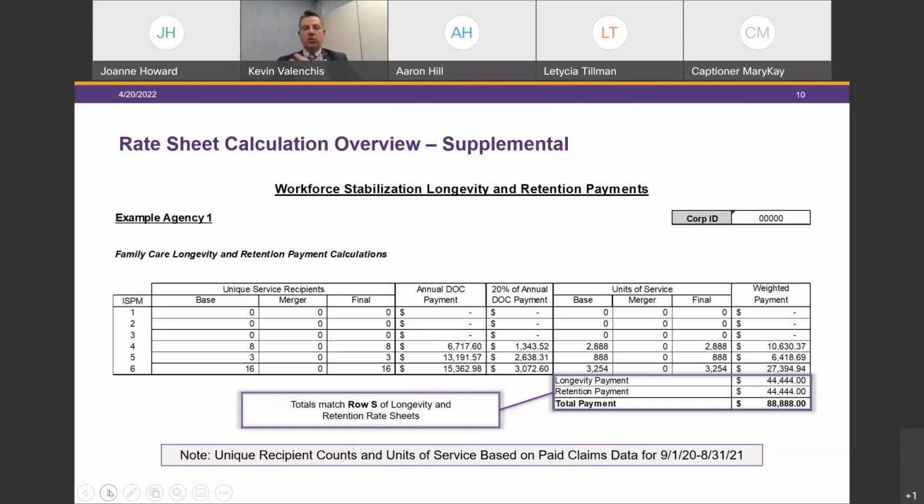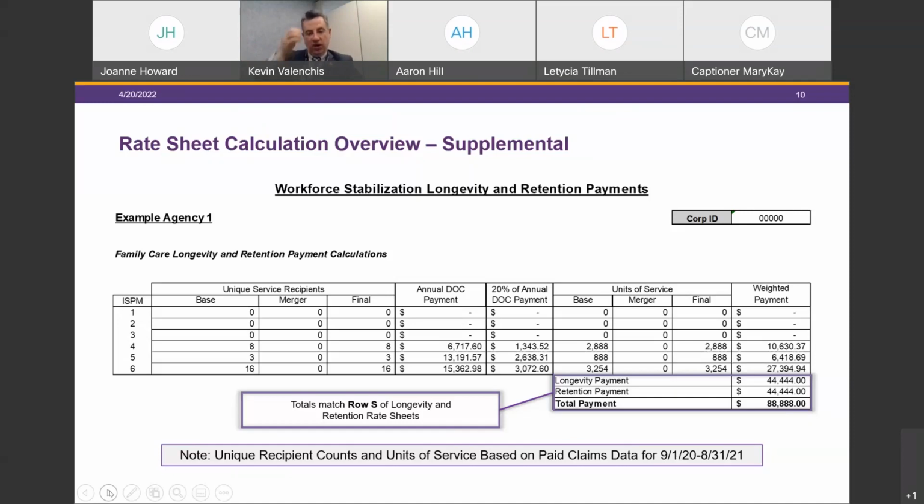And then we go into units of service here, right? The same thing that we were doing with unique service recipient counts, we're doing with the billed units as reported through Medney. When we pulled this data in, I think it was mid-October, November of 2021.